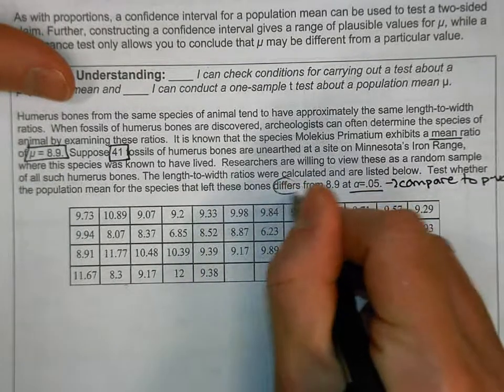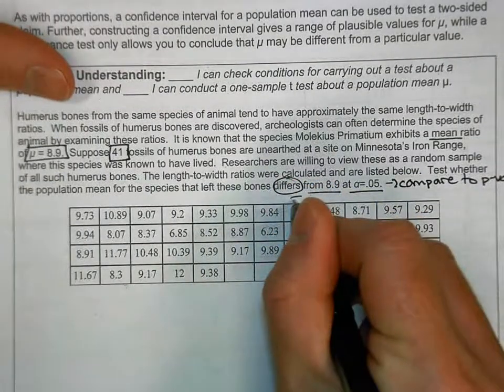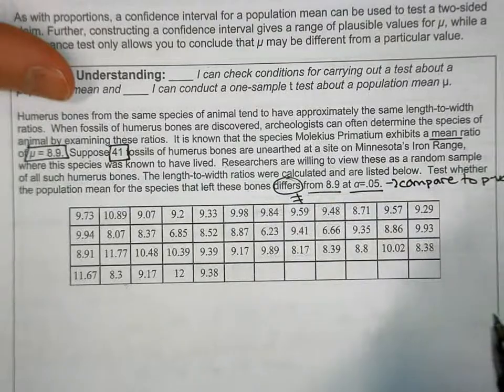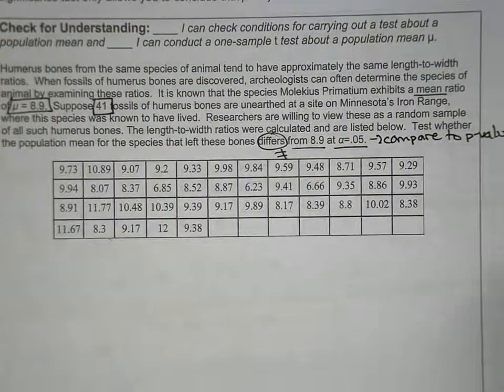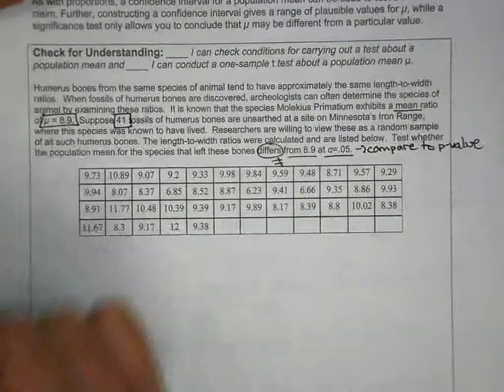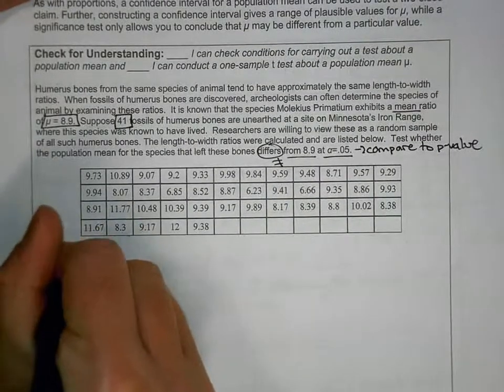And we want to know if it differs from 8.9, so that's going to be not equal to. First thing whenever we do a test is that we need to do our four-step process. So that's state, plan, do, conclude.